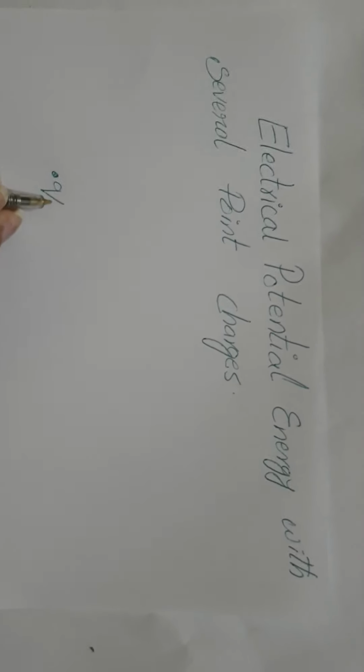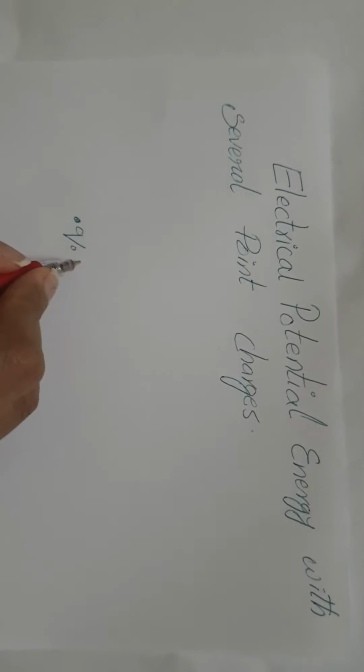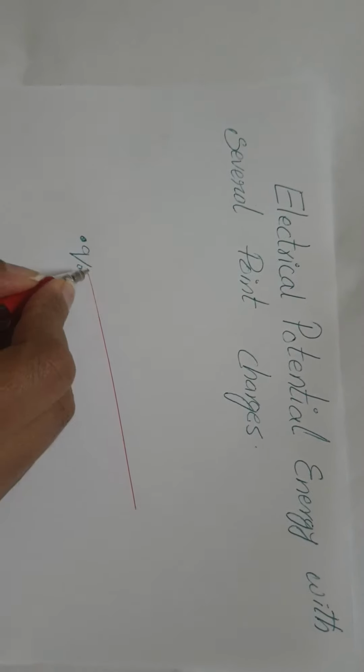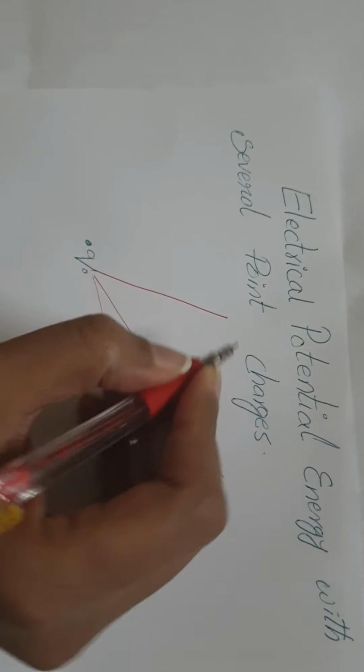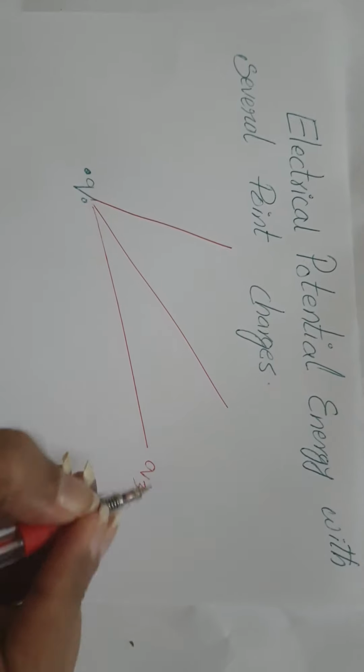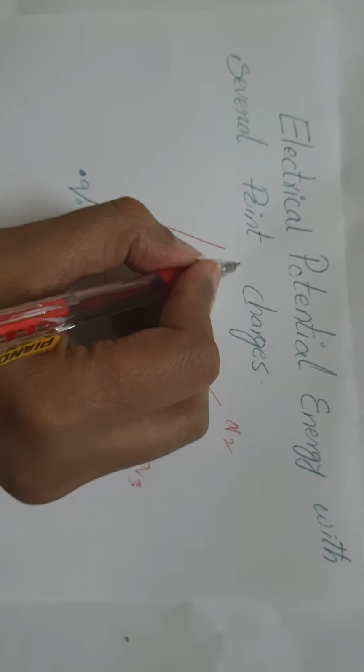Okay, now let's suppose a test charge is moving under the influence of the electric field of several point charges. Test charge Q naught is moving under the influence of several point charges Q3, Q2, Q1.